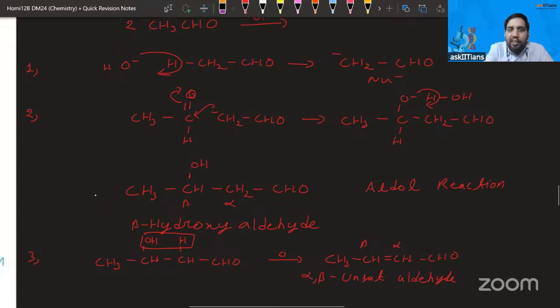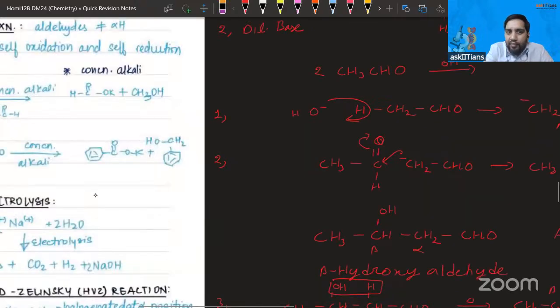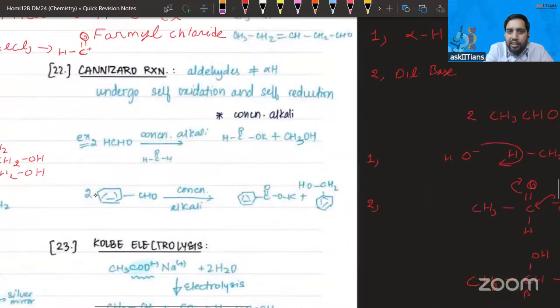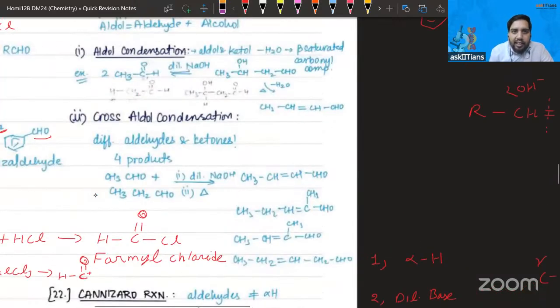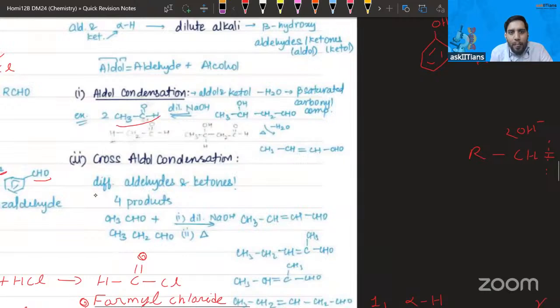So currently we have discussed the self aldol, where we have taken two similar reagents like CH3CHO. It will produce only one product.